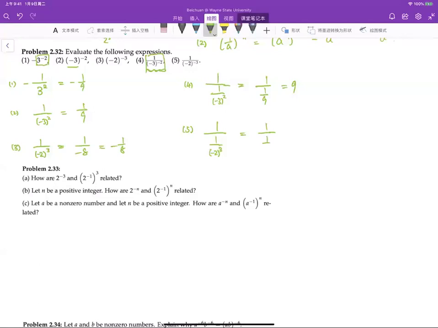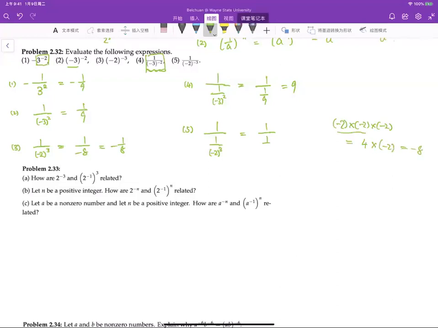So if you do negative 2 times negative 2 times negative 2, what is it? That's negative 6. Oh, wait, negative 12. Oh, let's do it step by step. So it's 4 times negative 2, right?